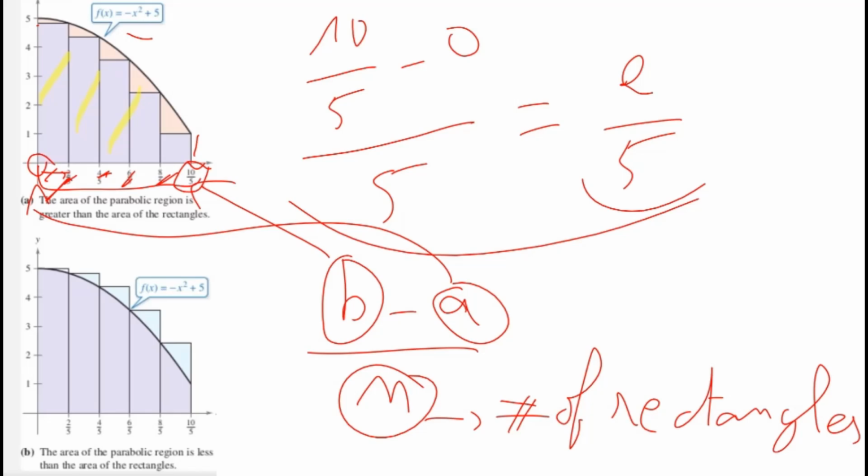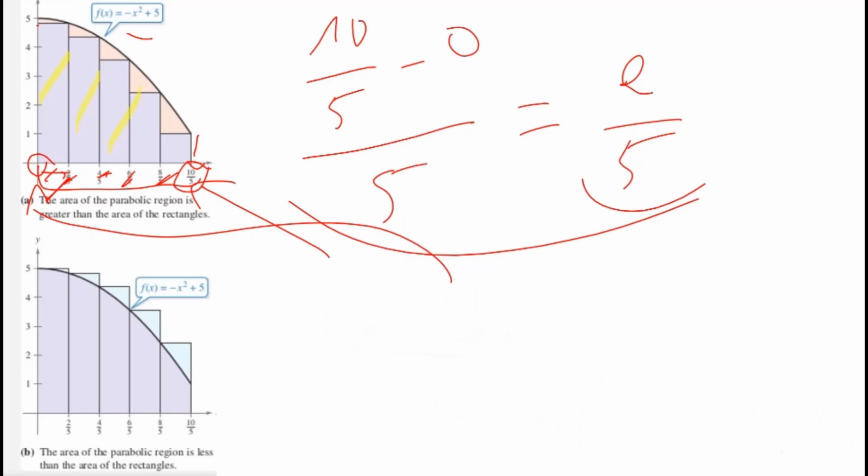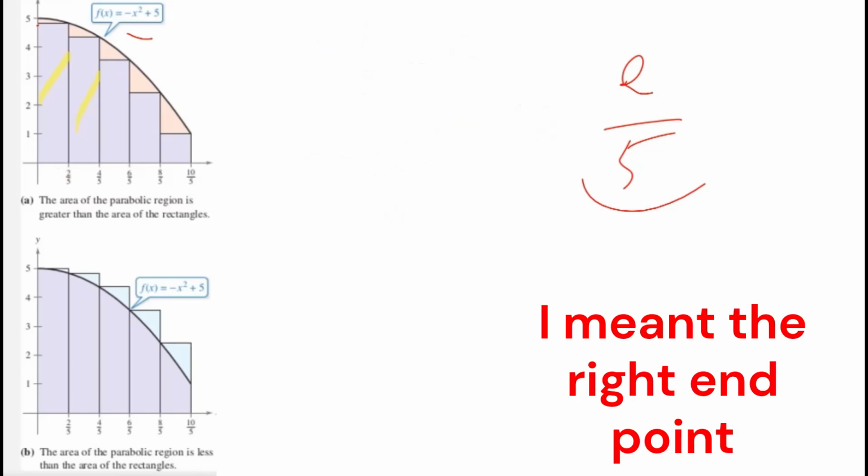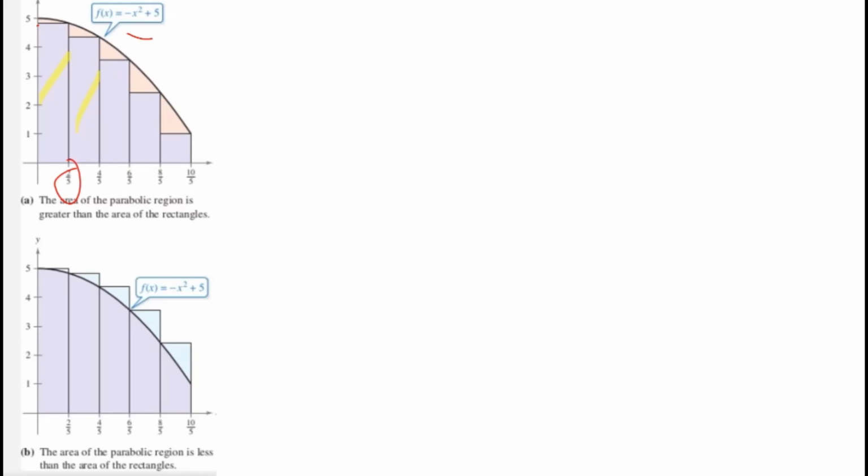This will be constant. Now we need to know what is the height of each rectangle. If you look at these rectangles here, they all share one common thing: their left endpoint is at 2 over 5, 4 over 5, and so on, where it meets the curve at this point here, and this is where the rectangle ends.